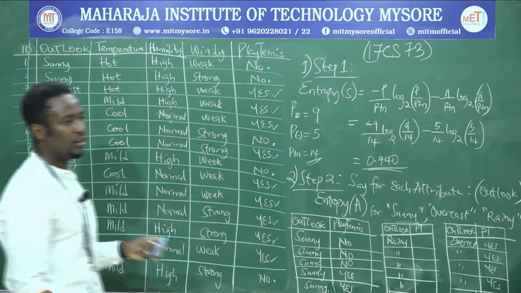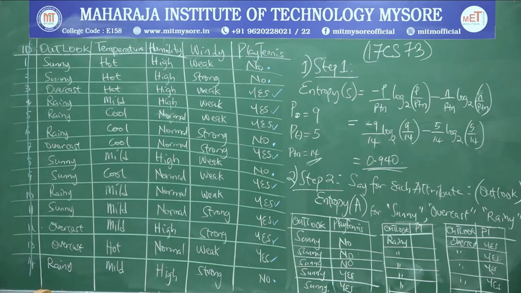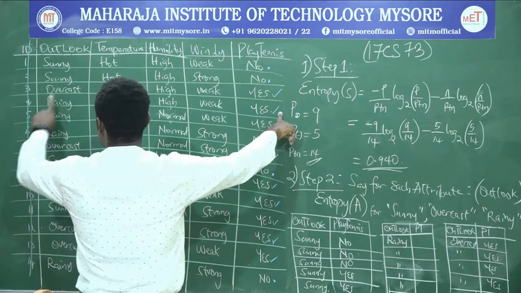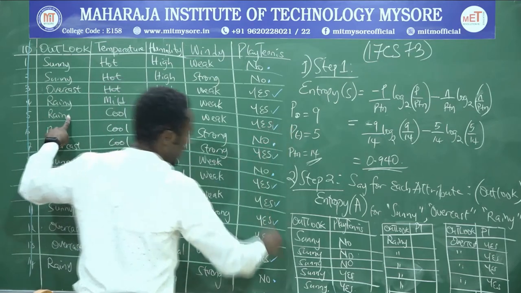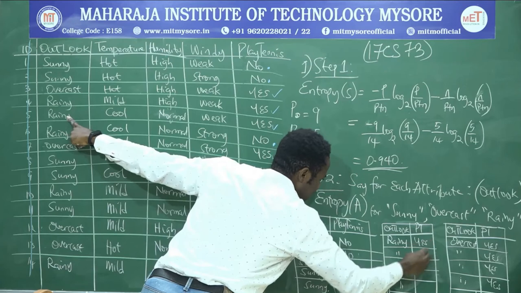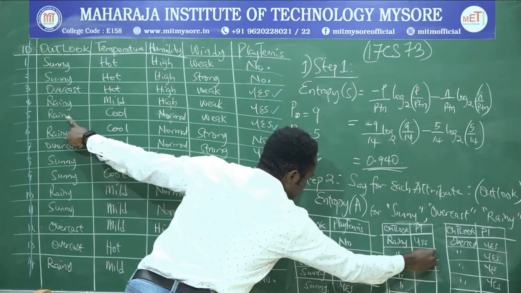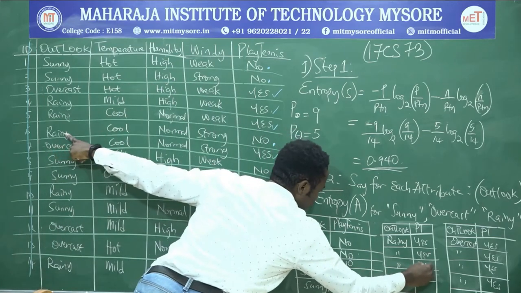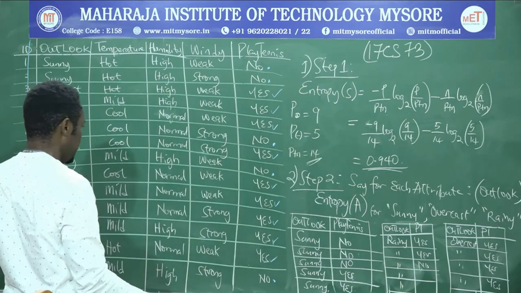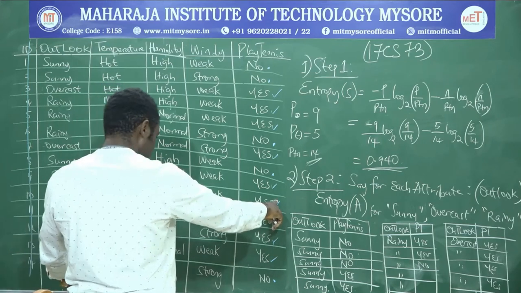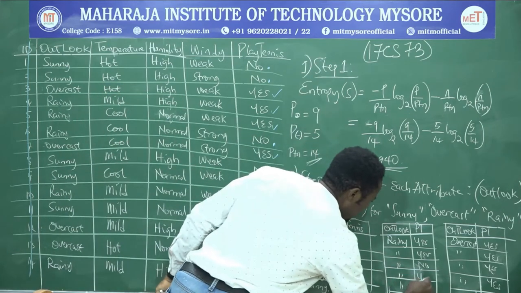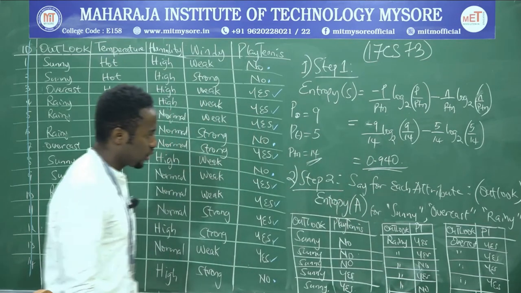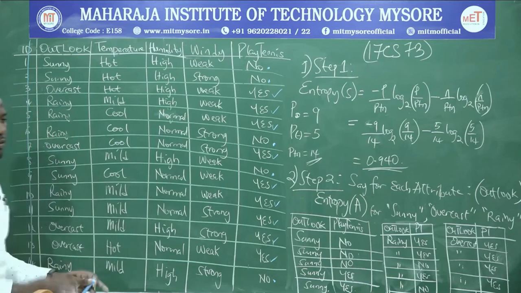Now, let's check the equivalence in play tennis. So let's go there now. Rainy, the first occurrence of rainy is yes. Second is yes. So let's put them before we forget. Yes, yes. Now, third of rainy is no, fine. The fourth one, rainy, is yes, and fifth is no. So we are done with this.